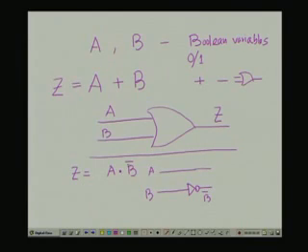Then the dot will be replaced by an AND gate, and this is my Z, that is Z equal to A B bar. So, the simple OR gate and AND gate circuits can be extracted if these two Boolean expressions are given.